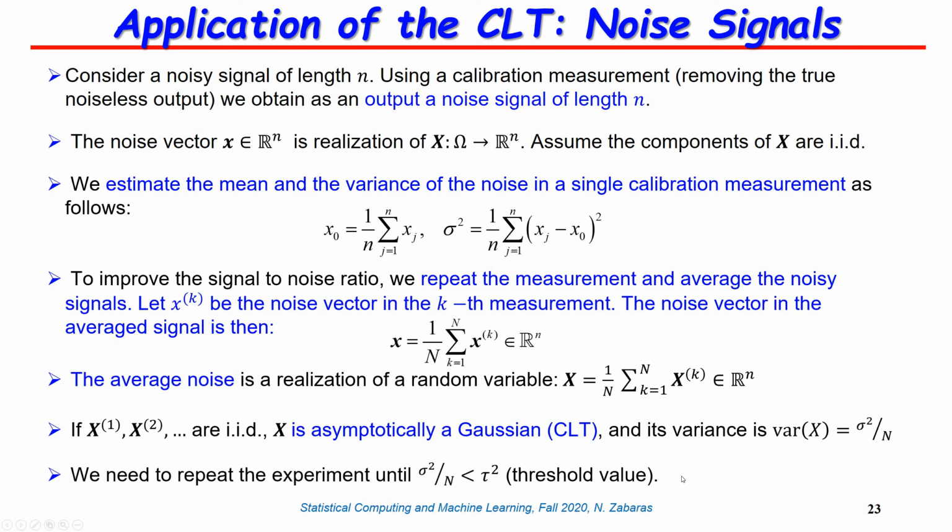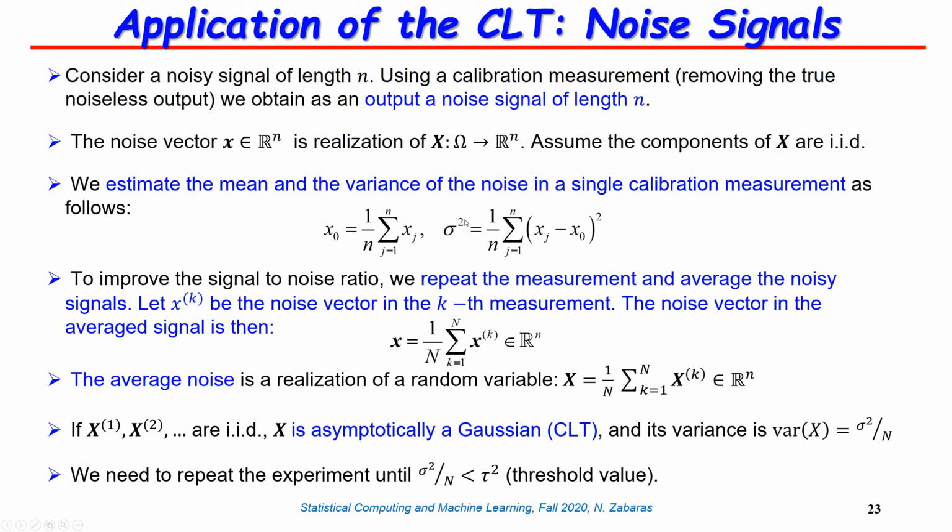And the answer is, asymptotically, the level of the noise that you have is sigma square over n. You remember, according to the Central Limit Theorem, this follows a Gaussian. And what is the Gaussian? It has a mean, the true mean of these vectors xk, which is actually the mean that we computed from the calibration experiment.